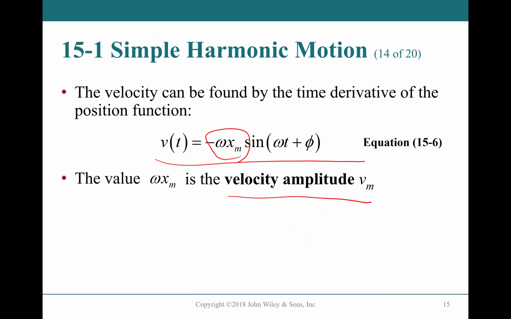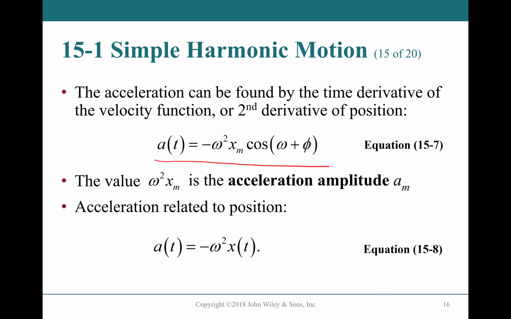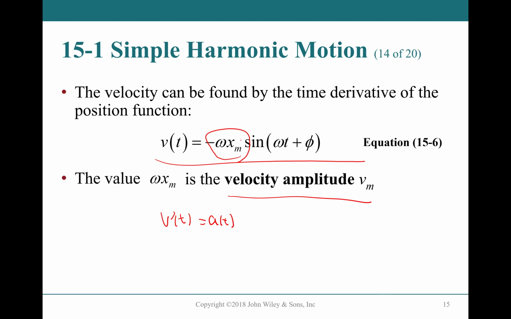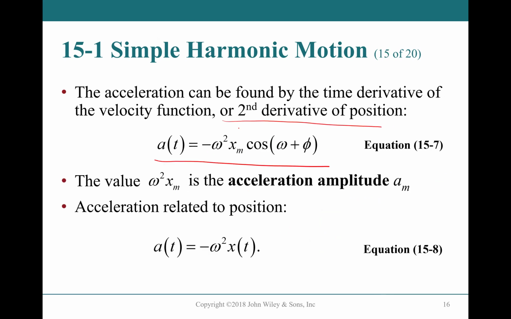And omega xm is the amplitude of the velocity, so velocity amplitude. And in the meantime, you can also take another derivative. You can get your acceleration as a function of time. The second derivative of position: take the double derivative, sine becomes cosine, and you have omega squared. And the value omega squared xm is the acceleration amplitude am.